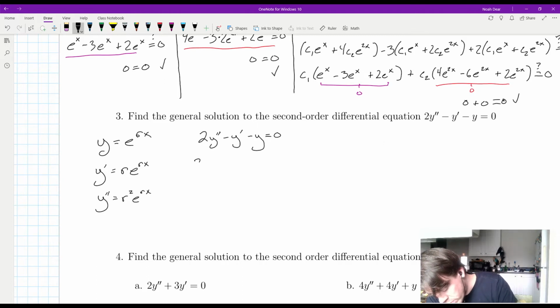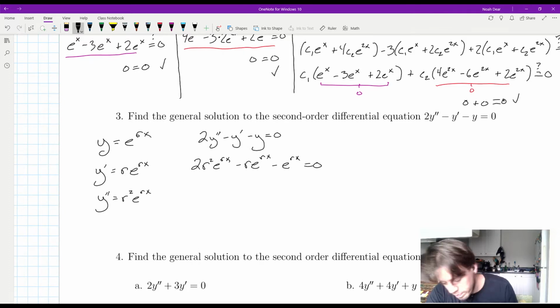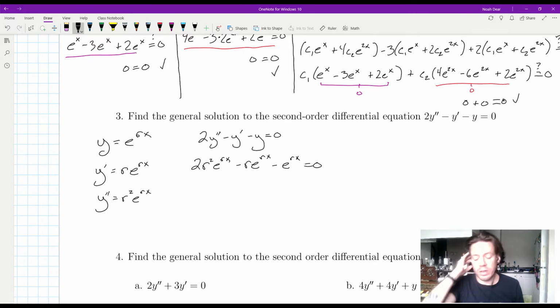When we plug these in, we get 2r squared e to the rx minus r e to the rx minus e to the rx equals 0. Our goal here is to find the value of r that is going to work for this specific differential equation.